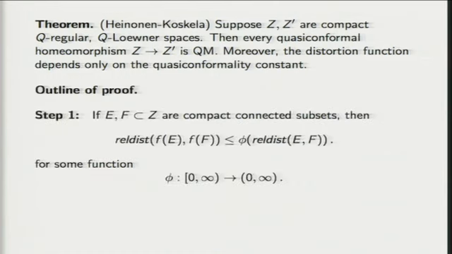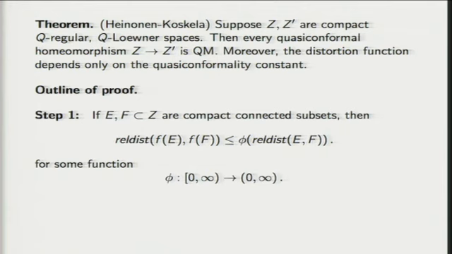So the first step in the proof is to argue that if you take compact connected sets in the domain and look at their images, then the relative distance between their images is controlled by the relative distance in the domain. And the way of doing this is to use modulus. The idea is, if you know the relative distance in the domain, then that gives you a lower bound on the modulus of that pair.